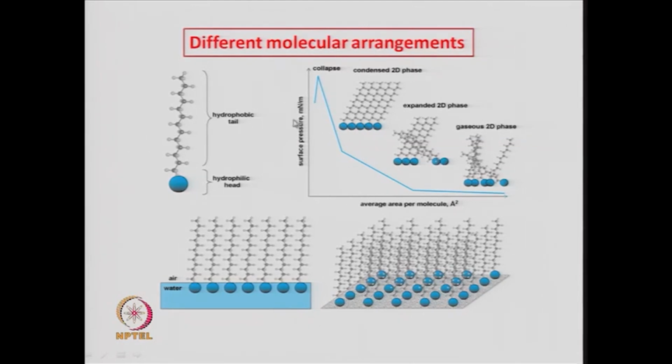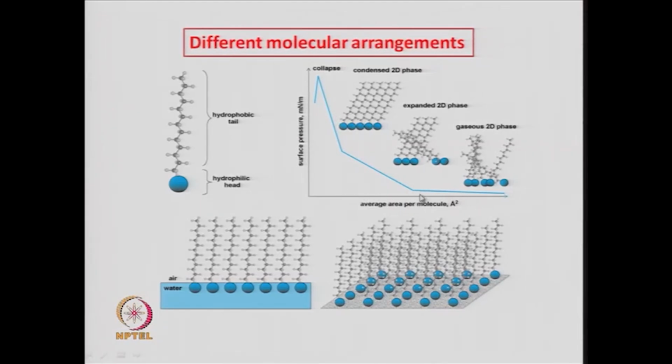This whole plot is the change in surface pressure with decreasing distance of the barrier layers, or you can say decreasing average area available to one molecule. If you lower that, the surface pressure is increasing, and there are certain stages.